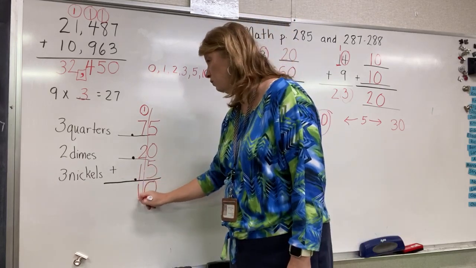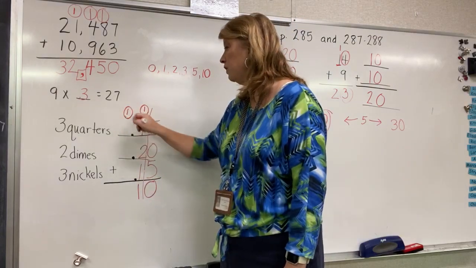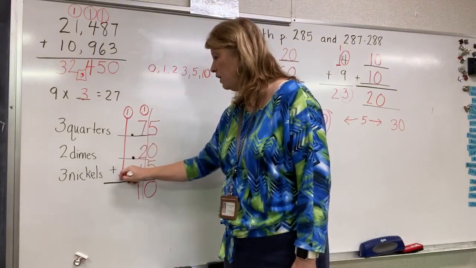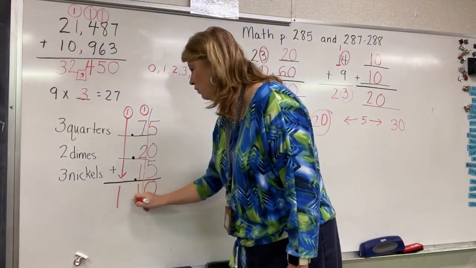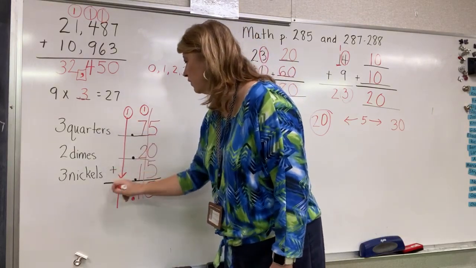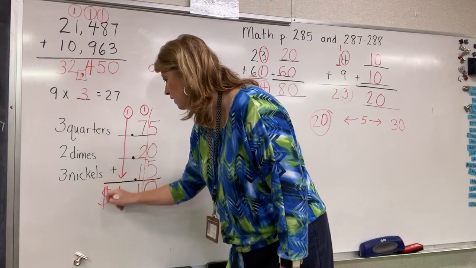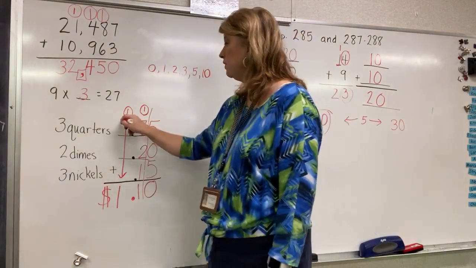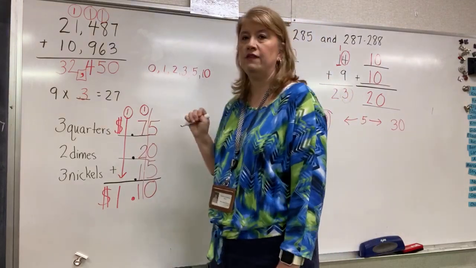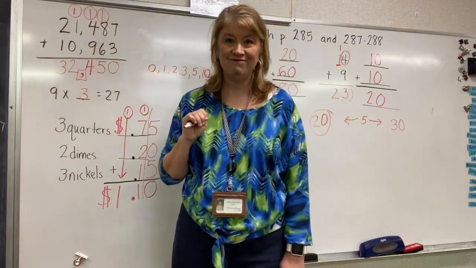So we bring down our 1. We carry our 1. Then there's nothing over here to add that 1 to, so we just bring that 1 down. Don't forget your decimal. And don't forget your dollar sign. You can put a dollar sign up here if you would like to remind you. And that is how you add money.